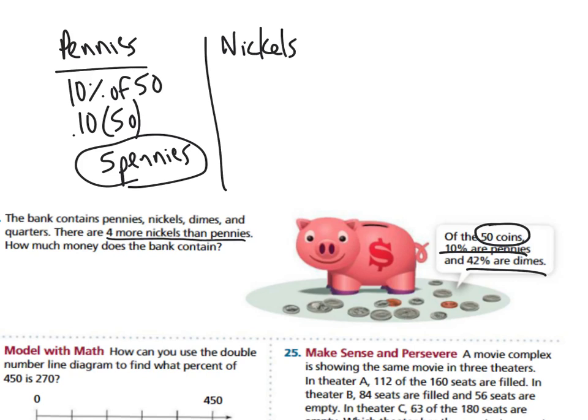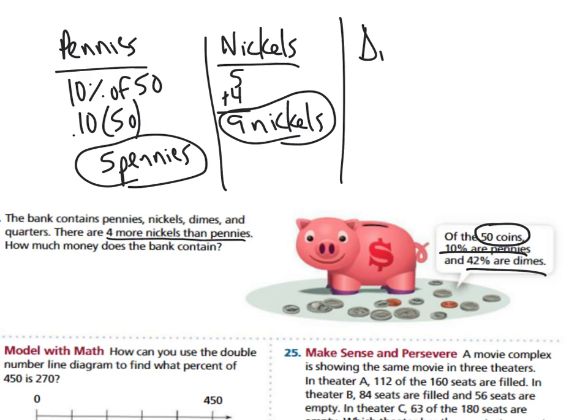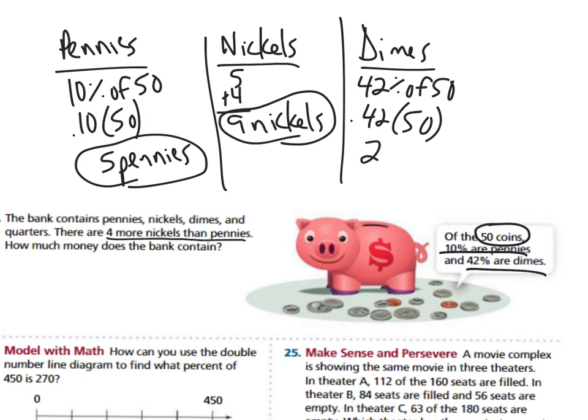Next in order should be nickels. There's 4 more nickels than pennies, so that would mean 9 nickels. And then dimes, it says 42% are dimes. So if you work that out, that would be 21 dimes.